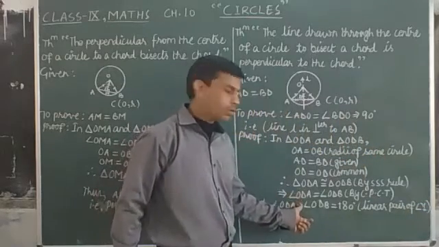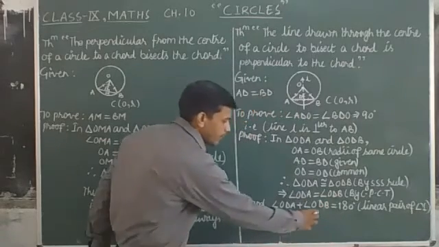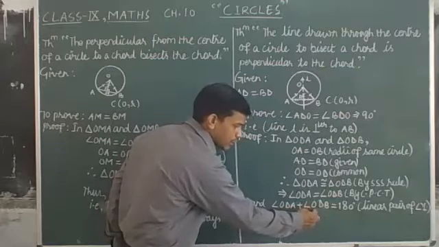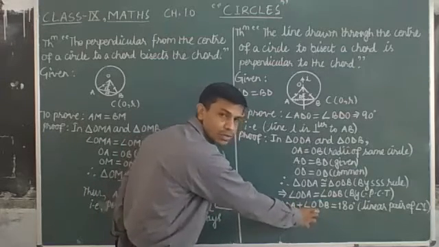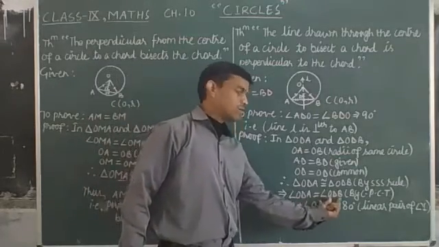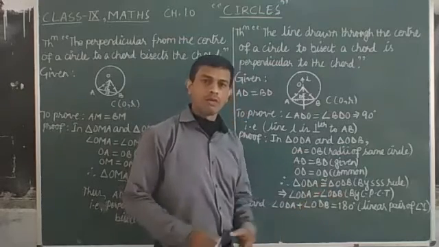On using angle ODA equals angle ODB in this relation, angle ODB could be replaced by angle ODA. So it is 2 times angle ODA, or we could replace ODA by ODB also, so the sum would be 2 times angle ODB.